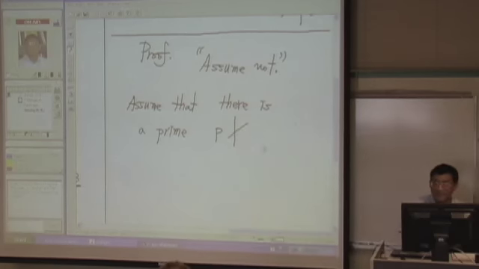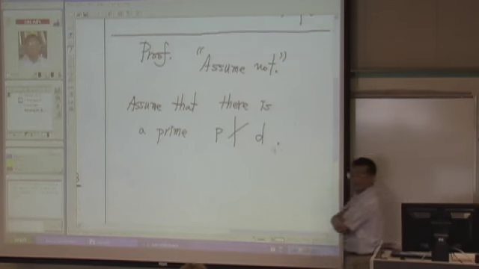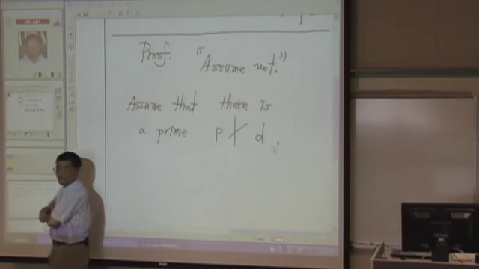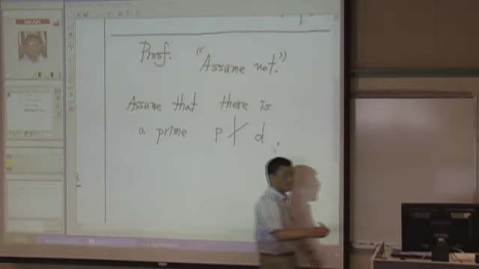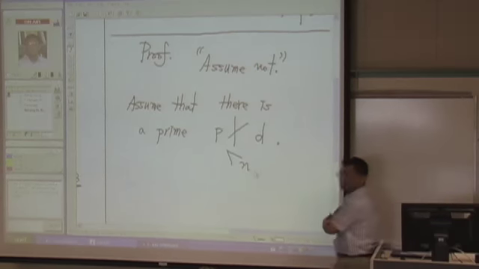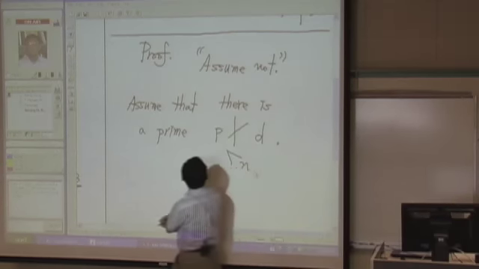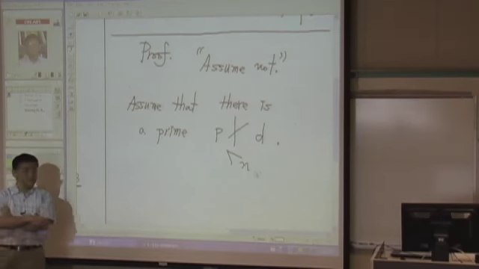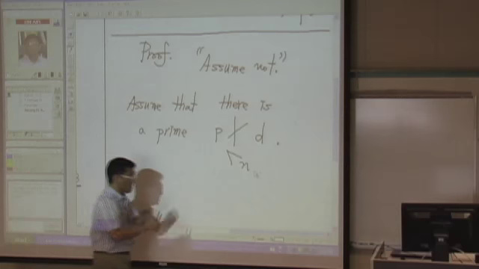Does not divide D. Do you follow me? Of course, all these are less than n, right? So assume that there is a prime number which does not divide D, which is less than n.